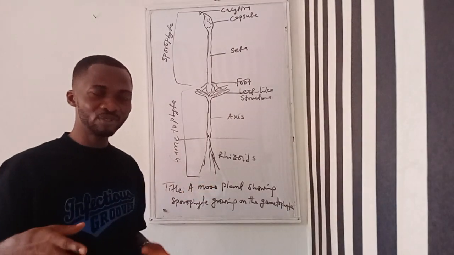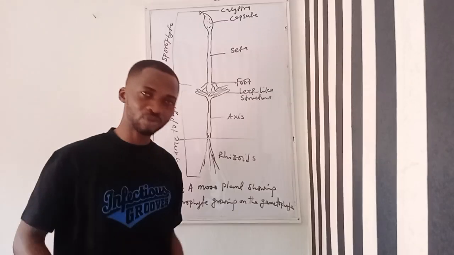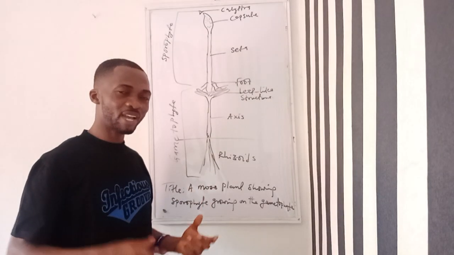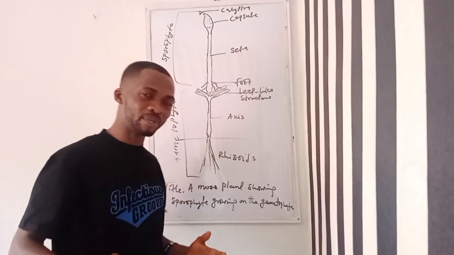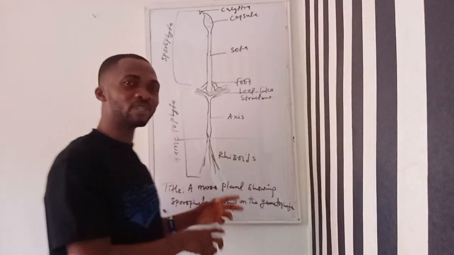It is the nutrients that the gametophyte has absorbed that the sporophyte will depend on. That is why the statement was made that the sporophyte is dependent on the gametophyte.